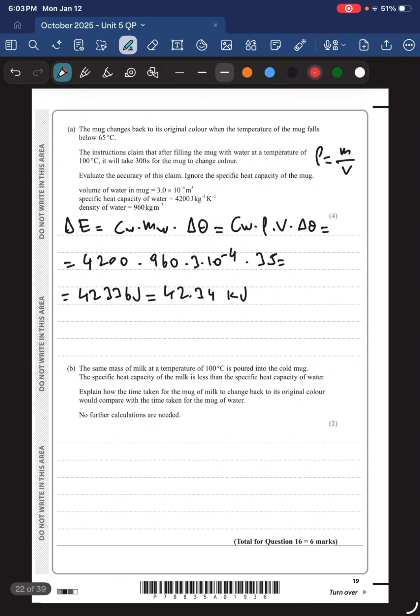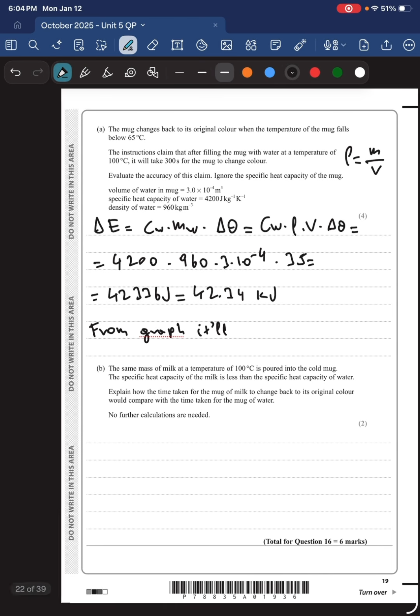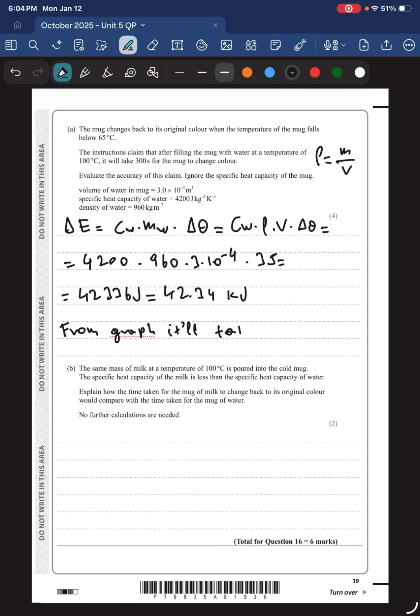Okay, so it will take less. So from the graph, it will take 270 seconds, which is less than 300 seconds.